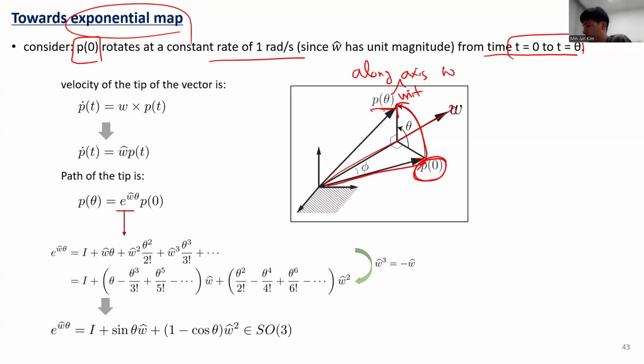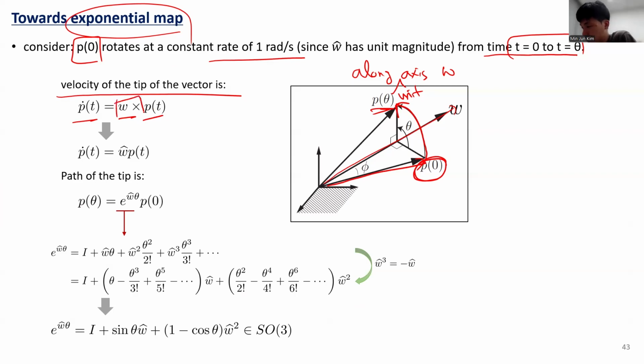Okay. Then what is p of theta? That's the question. So what's the velocity of the tip? The p dot, that's the velocity. And from physics, we all know that p dot, the velocity, is angular velocity cross its position vector, right? So that's omega cross p of t.